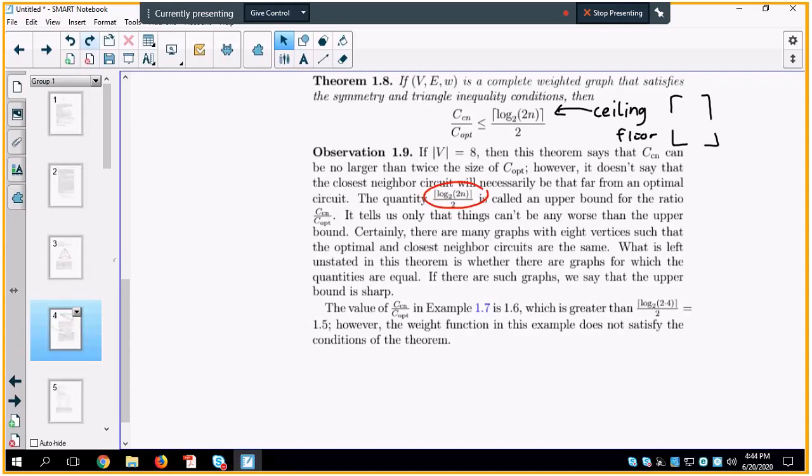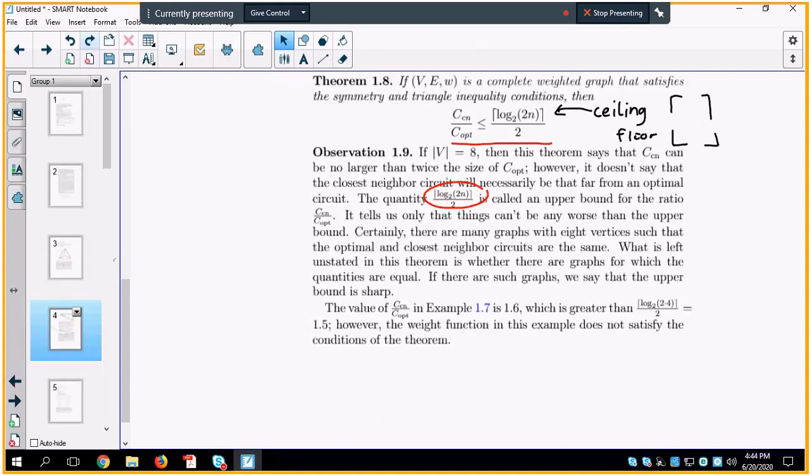So certainly there are many graphs with 8 vertices such that the optimal and closest neighbor circuits are the same. We could try to draw one, and if you want to pause the video and try to draw one, I can assure you, you should be able to. So what is left unstated in the theorem is whether there are graphs for which the quantities are equal. So whether there are graphs for which this ratio is equal to this log.